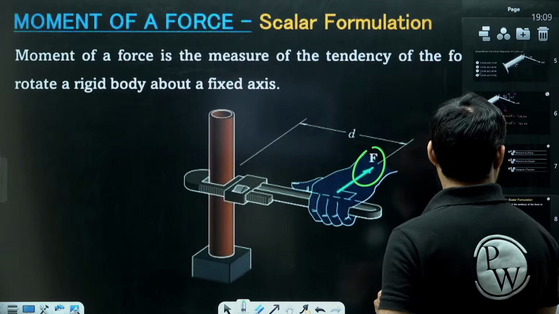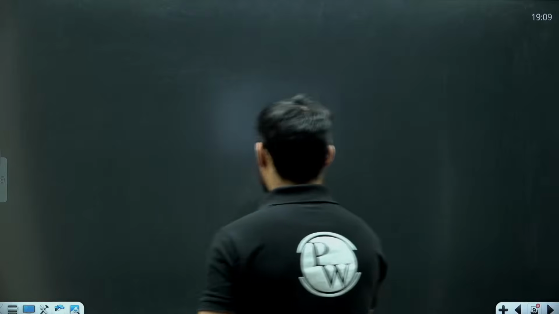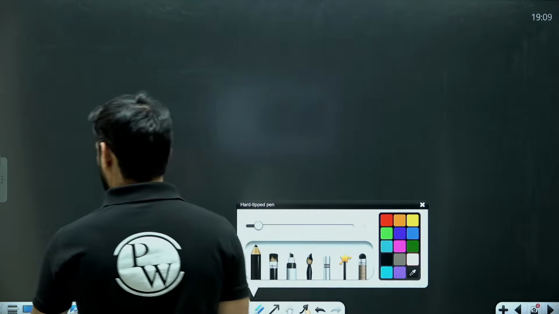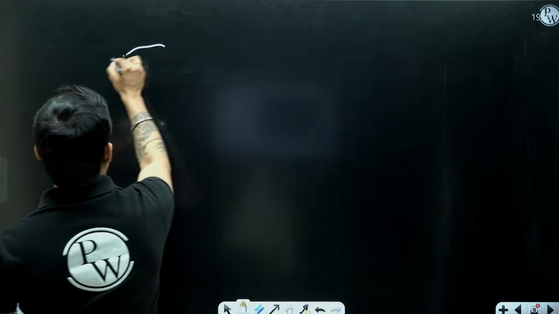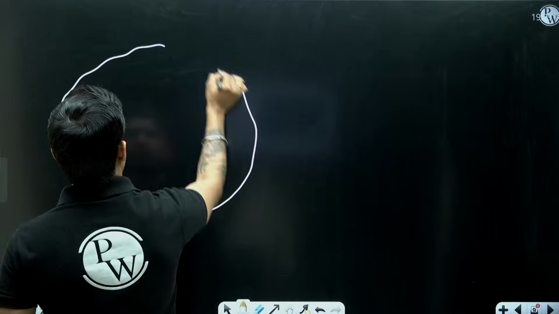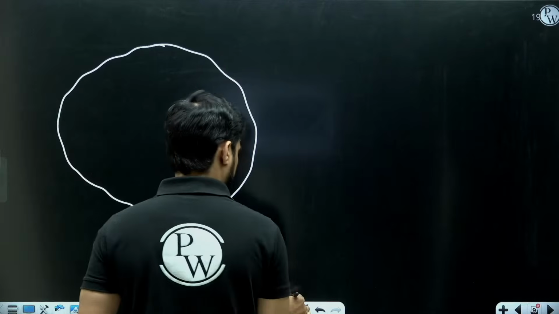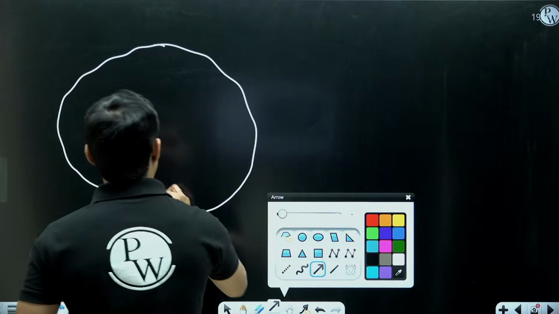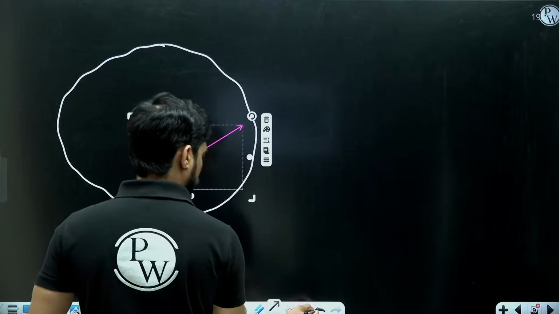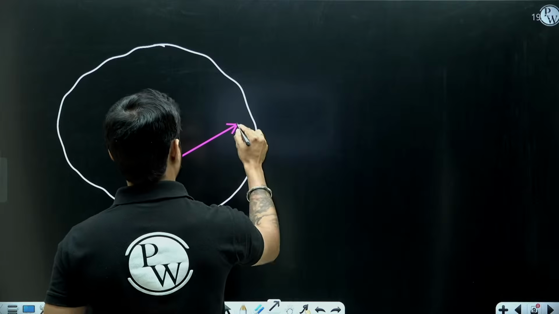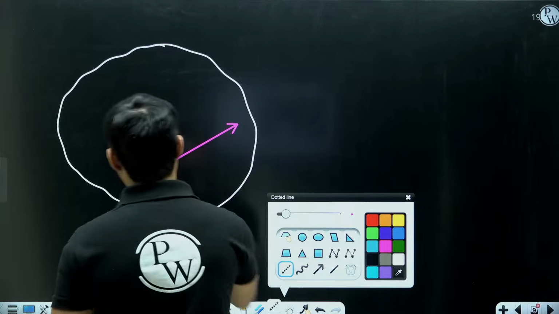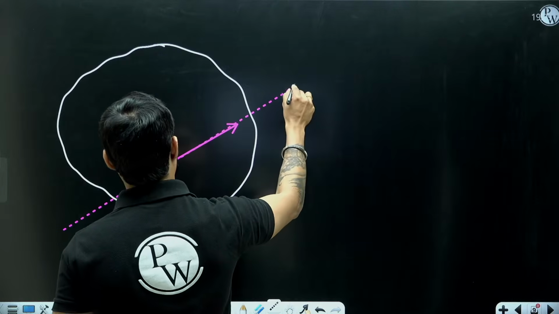So let's say that this is a rigid body, and this is a force acting on the body. This is the line of action of the force.